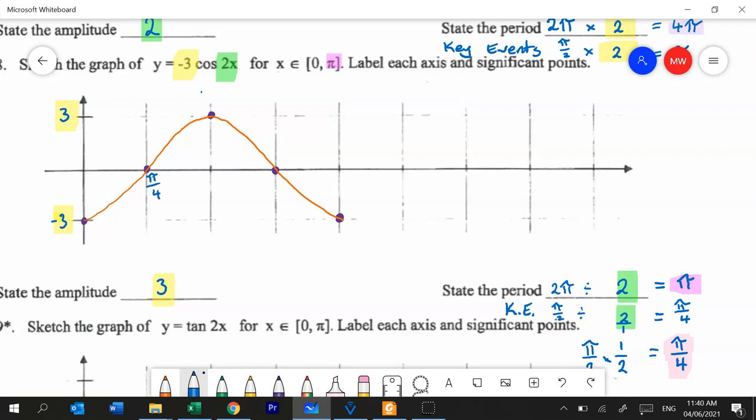We'll have the next one here at pi on 2. Next one will happen here at 3 pi on 4, and the last one will happen here at pi, minus 3, and that should be plotted up.